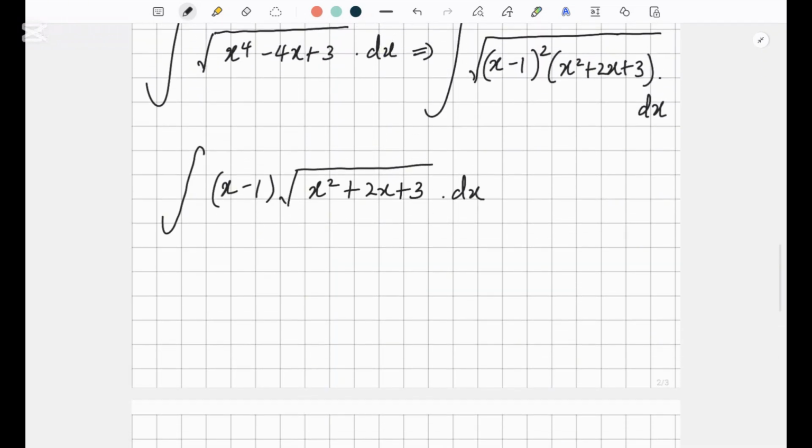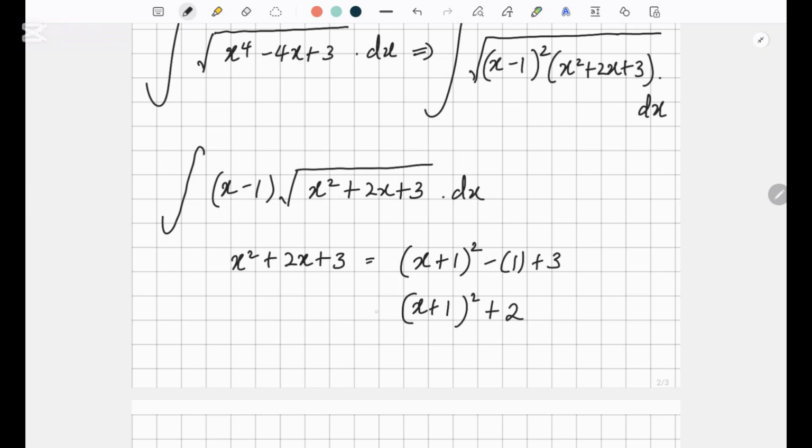Now you have a quadratic polynomial, x squared plus 2x plus 3. So I'm going to change that into completing the square format. x squared plus 2x plus 3 you can write as x plus 1 squared minus 1 plus 3, so x plus 1 squared plus 2.